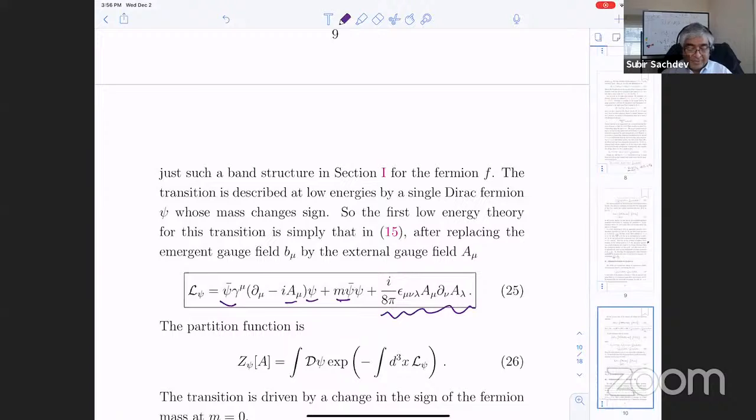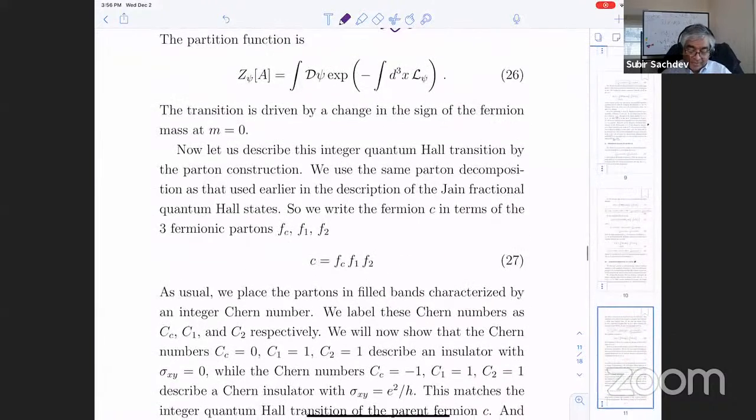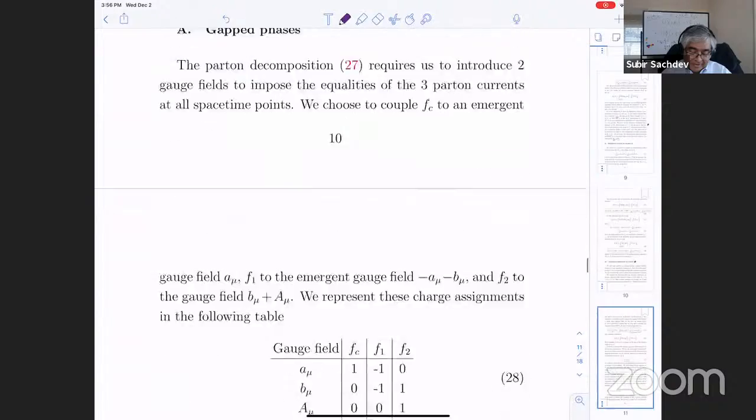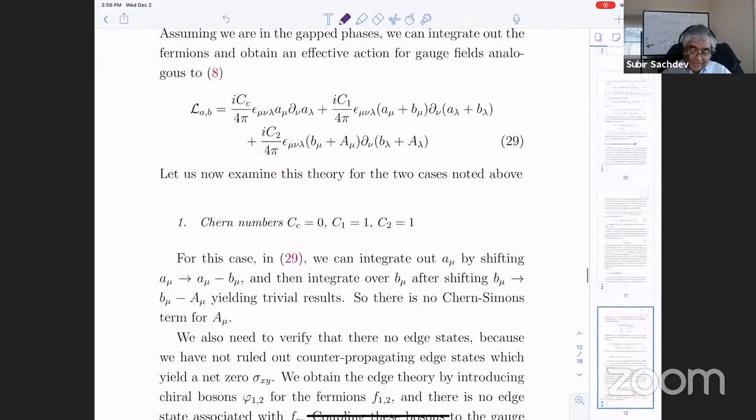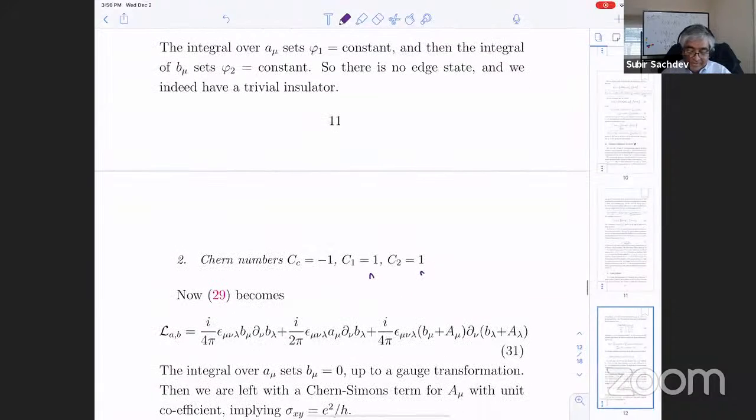But what we try to do is to describe this integer quantum Hall transition by the parton method. So now I have to take my original fermion and write it as a product of 3 fermions, which is what we did for the Laughlin states in the Jain sequence also. And then I'm going to put these fermions in different Chern bands. So there's 3 Chern numbers to keep track of. And it turns out that the 2 phases correspond to 0, 1, 1 and -1, 1, 1. And you just take the low energy limit in exactly the same way I just did it.